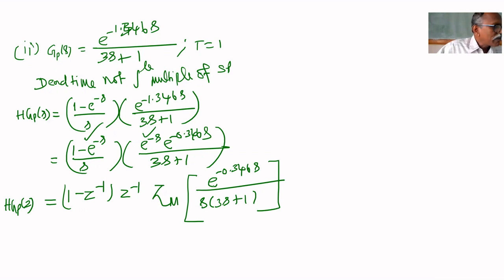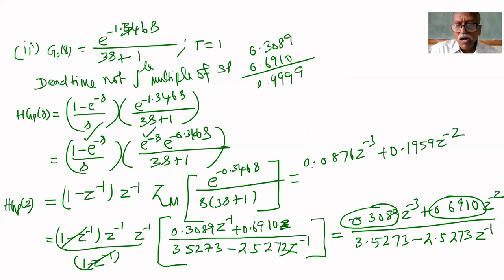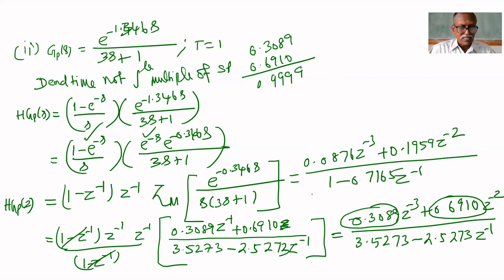If you find the modified Z transform for this, you get 0.0876 Z power minus 3 plus 0.1959 Z power minus 2 upon 1 minus 0.7165 Z power minus 1.